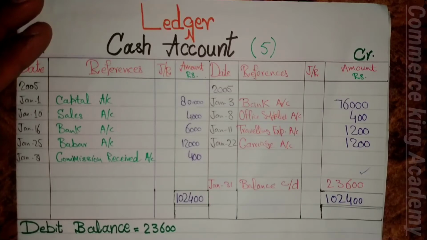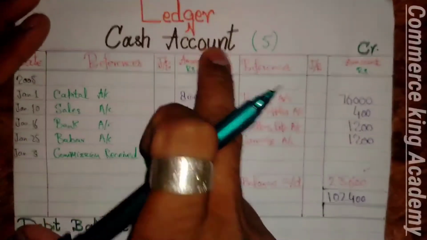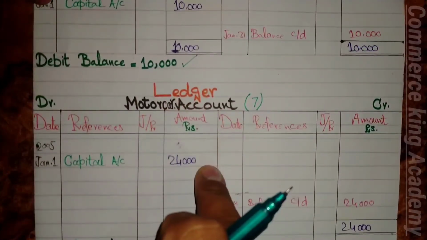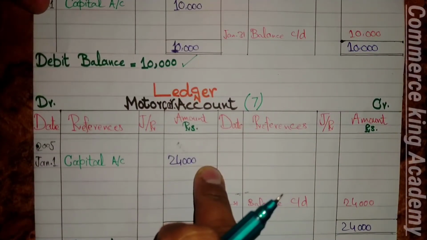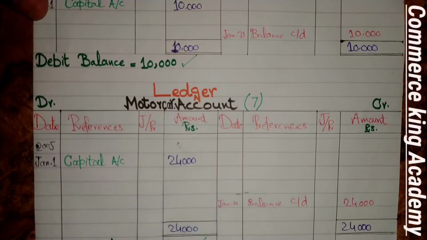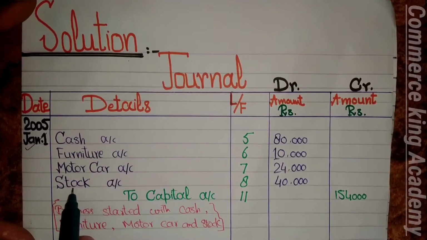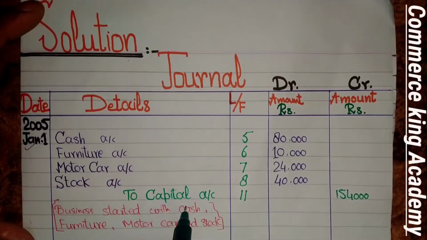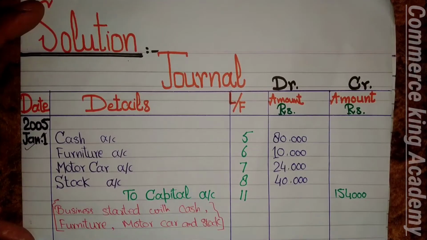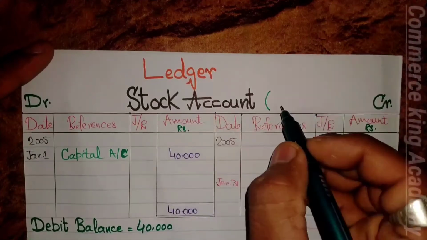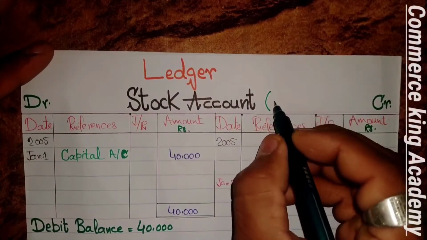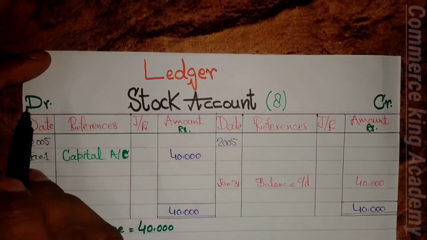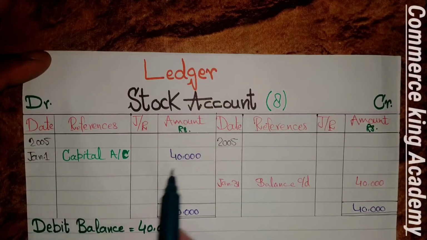So we have prepared the ledger of cash account, the ledger of furniture account and the ledger of motor car account. Now we will move toward making the next accounts' ledgers. We have our next account, which is stock account, in a compound entry. Stock account is debited by capital account 40,000 rupees. This is the ledger of stock account, ledger folio number 8. Am I right? So stock account is debited by capital account, amounted 40,000 rupees.